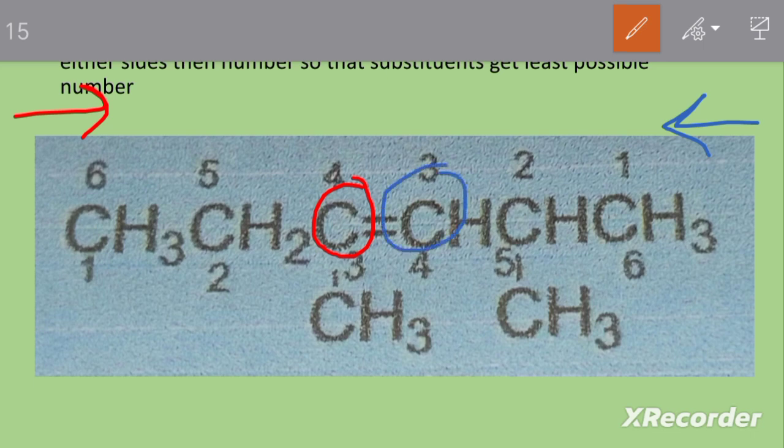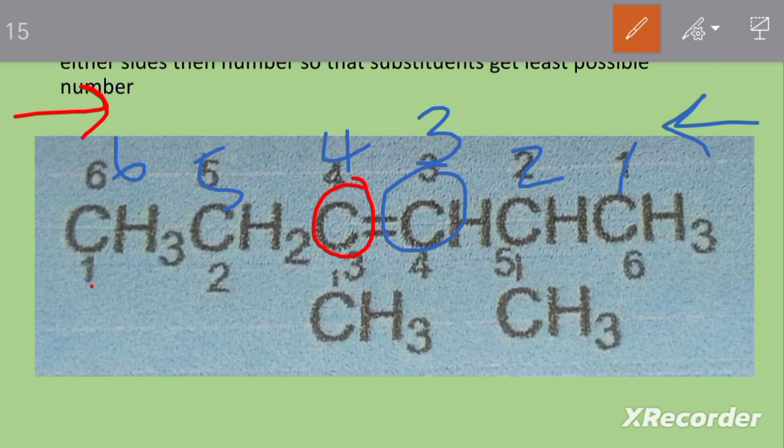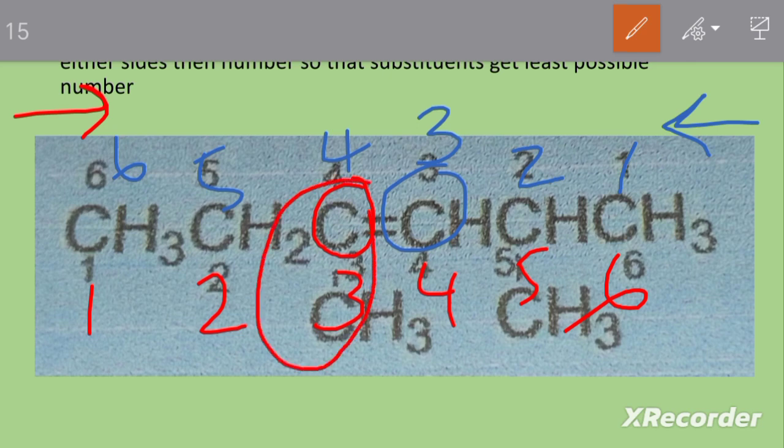So I am going to number it like this: 1, 2, 3, 4, 5, 6, right? And from this direction, 1, 2, 3, 4, 5, 6. You can see both of these got number 3. So from both directions, the double bond gets the same number.